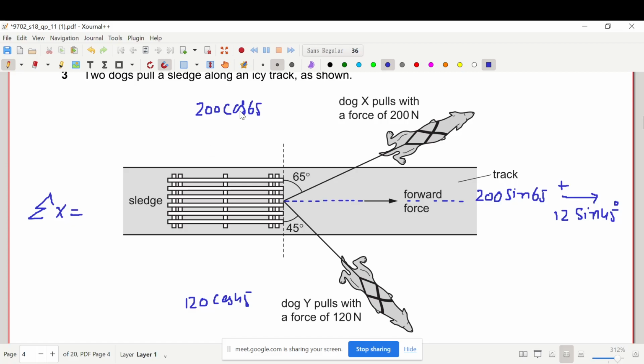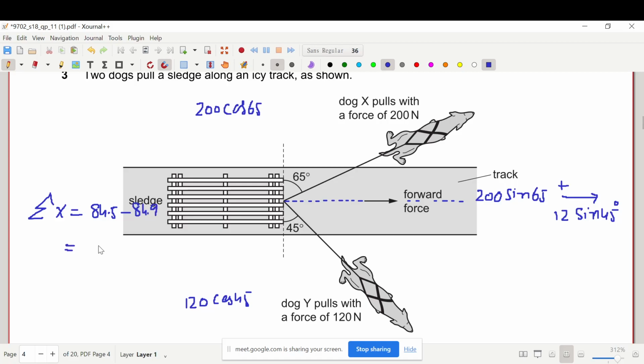So sum of the x components: 200 cos 65 equals 84.5, and this one is in the opposite direction, so we introduce a minus sign. 120 cos 45 is 84.9.